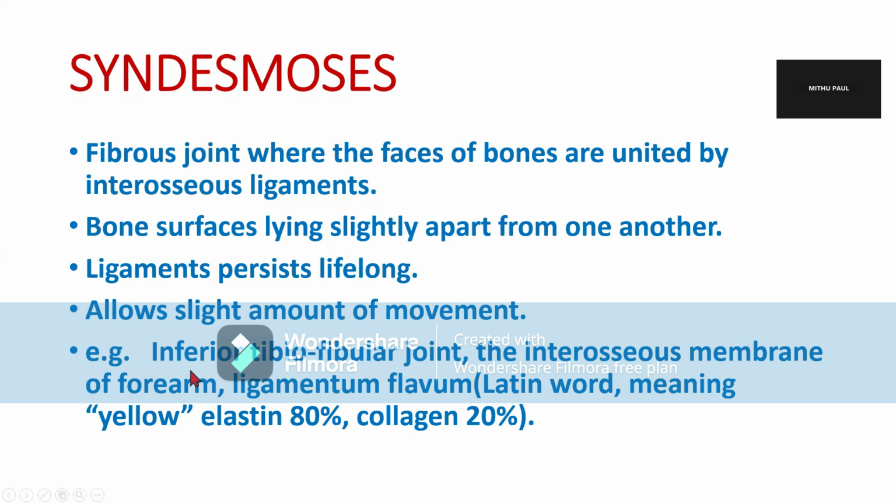Examples are the inferior tibiofibular joint, the interosseous membrane connecting the interosseous borders of the two bones of the forearm, radius and ulna, and the ligamentum flavum, which articulates the lamina of the upper vertebra to the lower vertebra. Flavum is a Latin word meaning yellow, because the ligament itself looks yellow. It has increased elastin content compared to collagen.